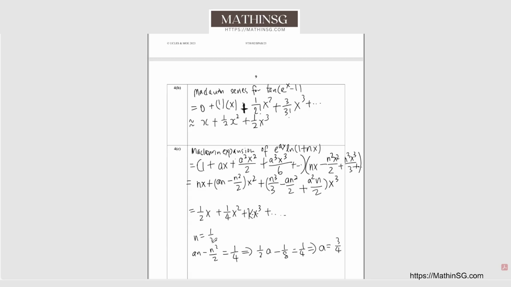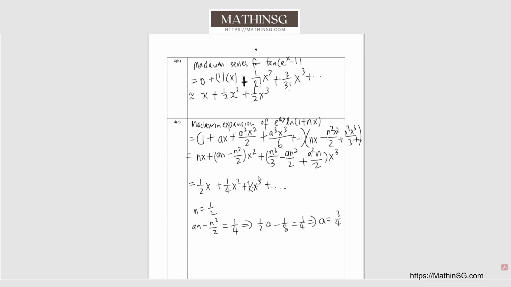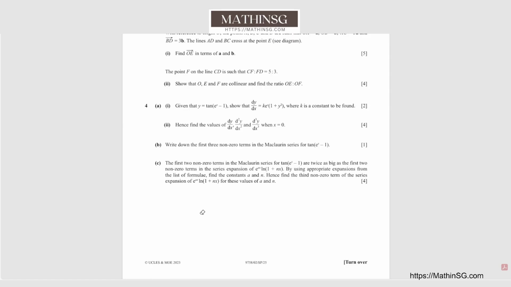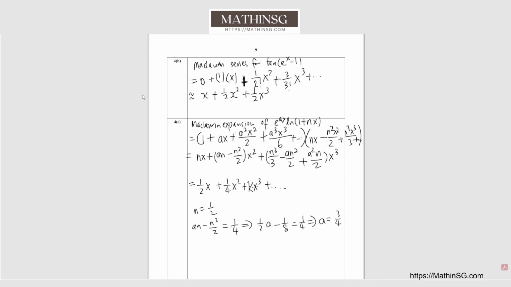Now that I've already found n, which is half, and a equals 3/4, to find the third term, because they asked for the third non-zero term, let me write third non-zero term. I'll simply sub in my n and my a into this expression here.